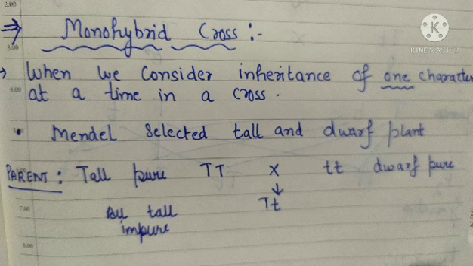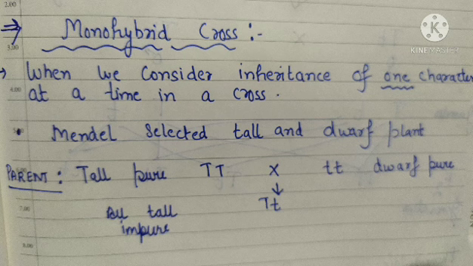Because in this hybrid there are two different alleles, and these two different alleles are of the same character, that is height. Hybrid is equal to heterozygous, and we have added the term mono.